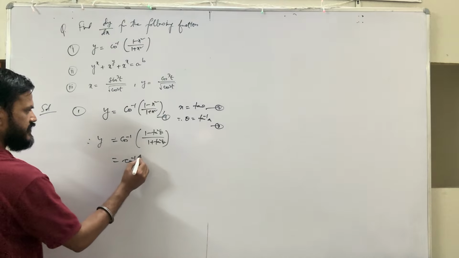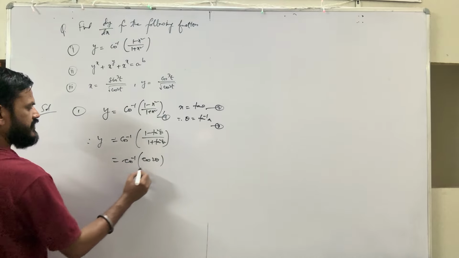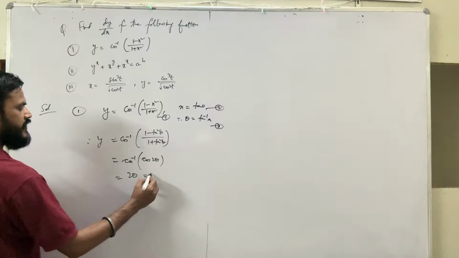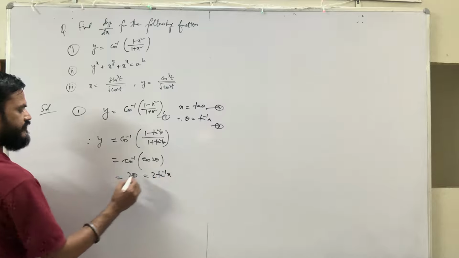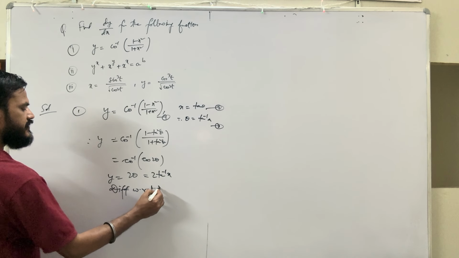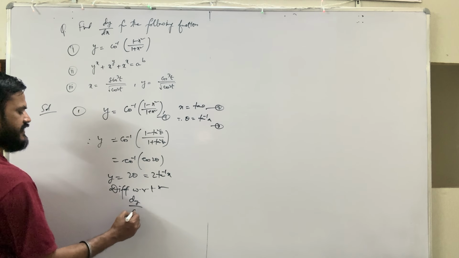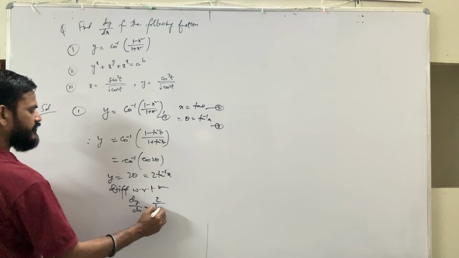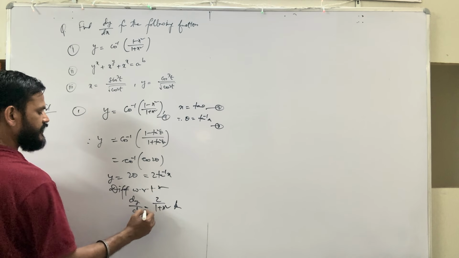This becomes cos inverse cos 2 theta, so it gives you just 2 theta, that is 2 tan inverse x. Now if you differentiate with respect to x, dy by dx is equal to 2 by 1 plus x square. So that's the answer.